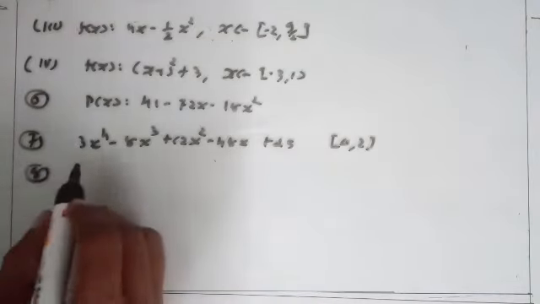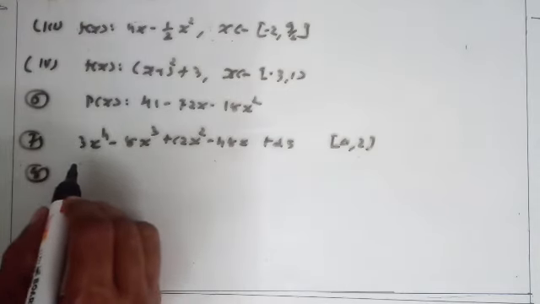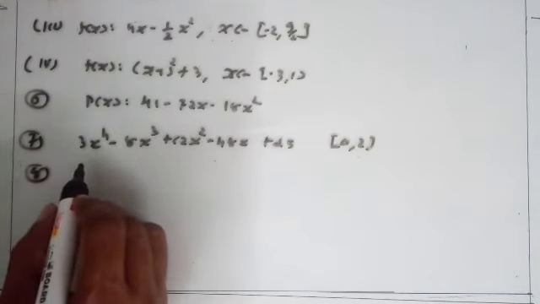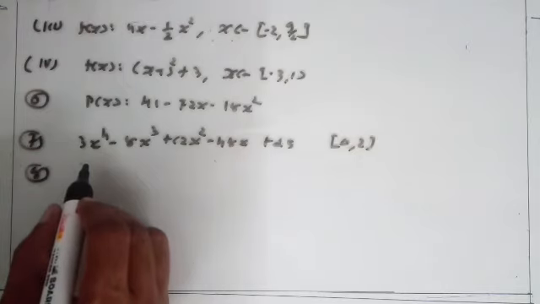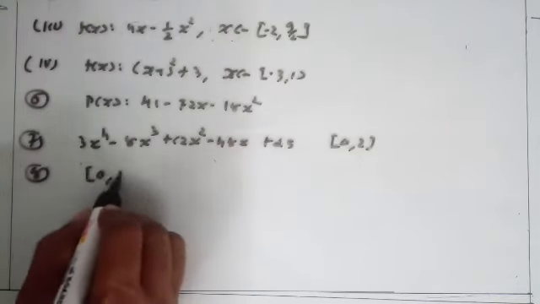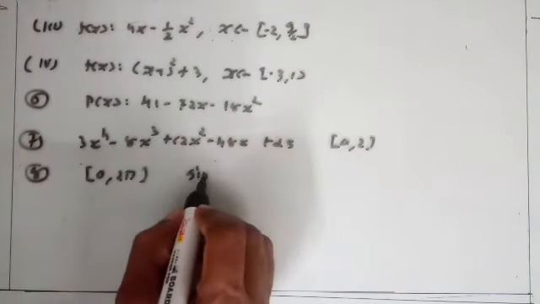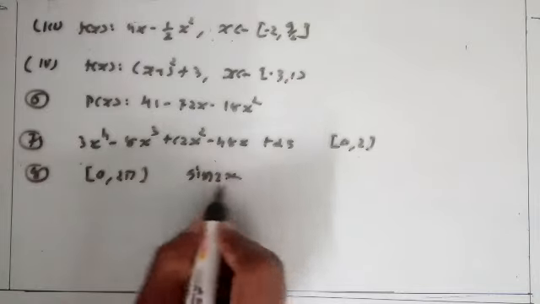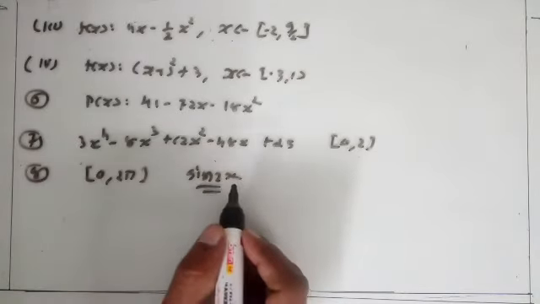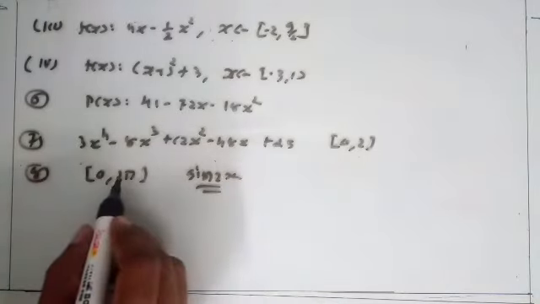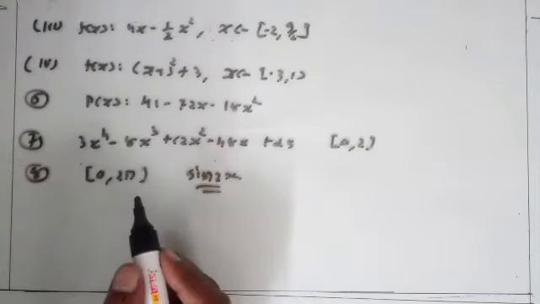Question number 8. At what point in the interval 0 to 2 pi does the function sin 2x attain its maximum value? Here the interval is given 0 to 2 pi, the function is given sin 2x, and to get the maximum value of sin 2x in 0 to 2 pi, we know how to find this.